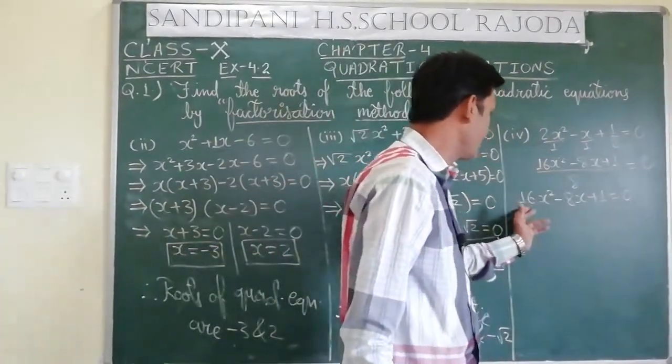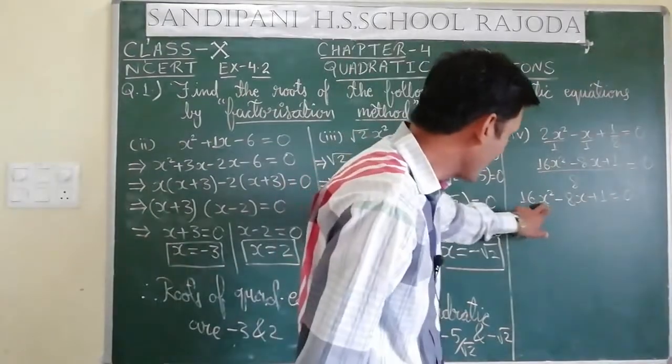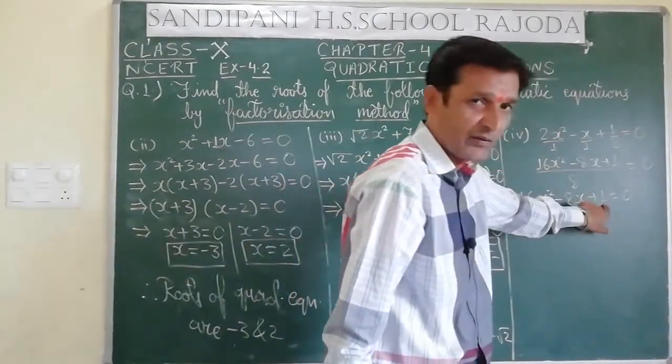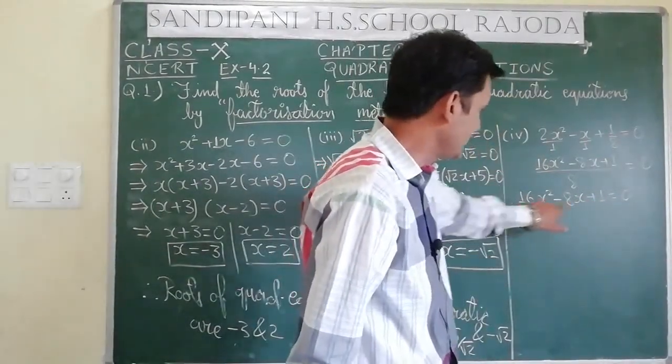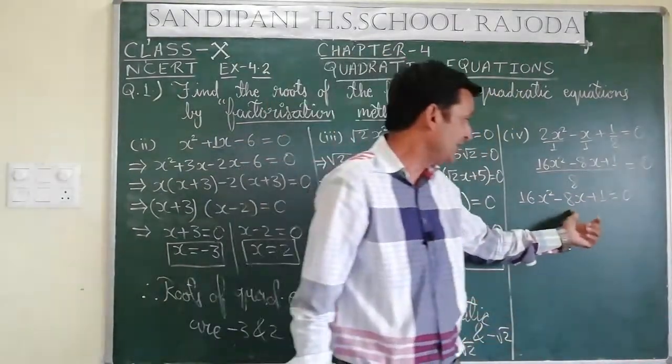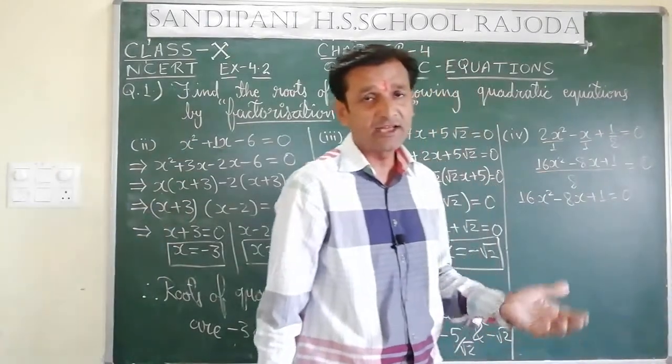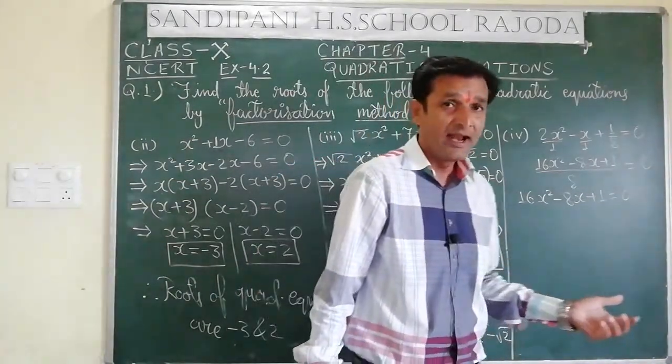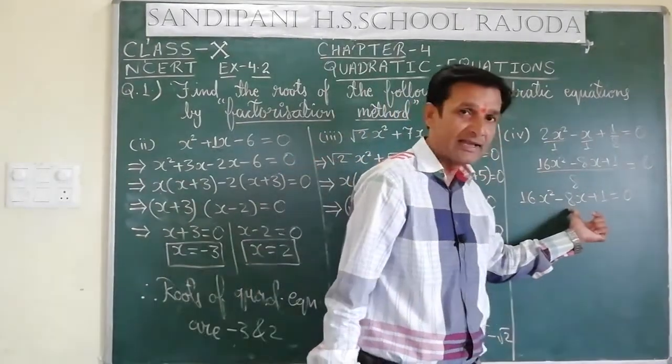Now, you will have to multiply the coefficient of x square and the constant quantity. So, 16 ones are 16. Now, you have to break this middle term in such a manner that the product will be 16 and the sum will be minus 8.